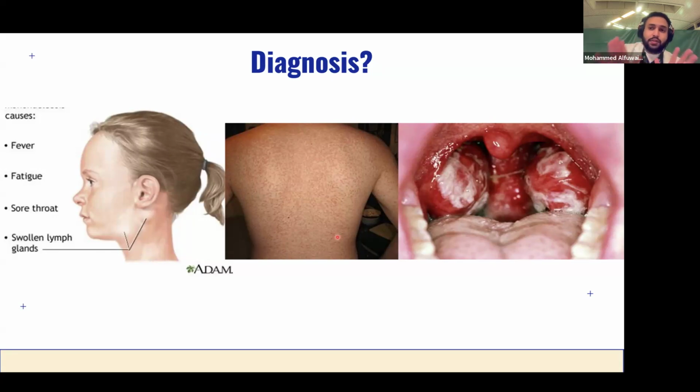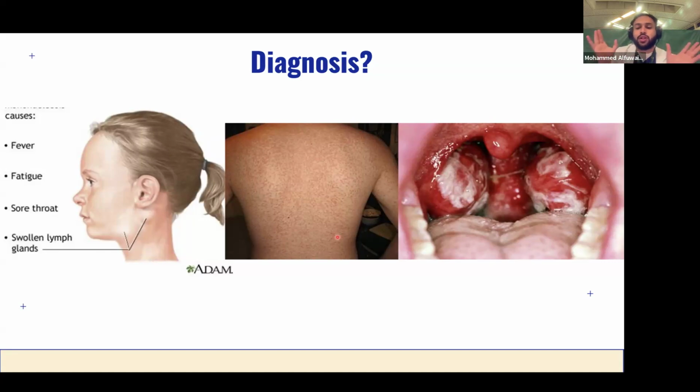Treatment is supportive. You tell them to just go home and not to limit contact. What's very important is you tell them to not play any contact sports for 4 weeks. This sometimes comes in your exam. It's important because of the spleen.